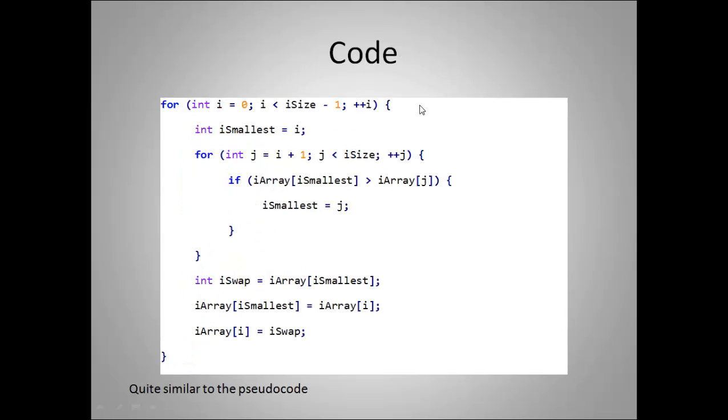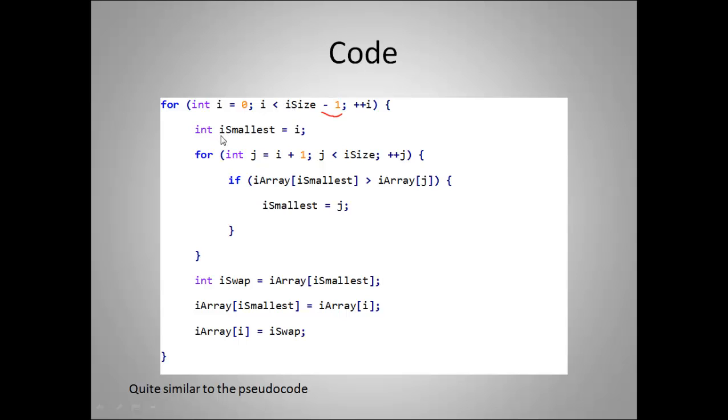So here's the actual C++ code. It looks quite similar to the pseudocode we were looking at before. Here we have our for loop, where we have an integer i, which is equal to 0, and it's going to run until we meet the size of the array minus 1. We're going to use minus 1 because the index number starts at 0. You have to remember that, otherwise you'll be off by 1.